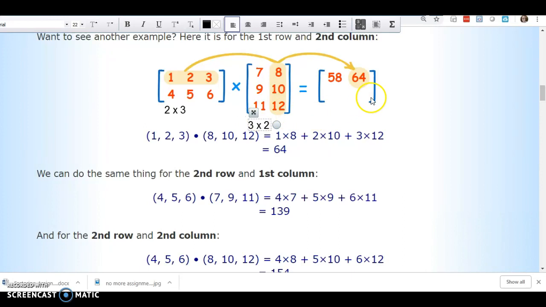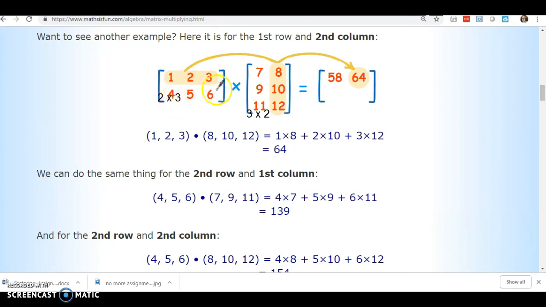What's going to happen every single time, which is kind of neat, is that the middle pieces cancel each other out, the 3's. And so the dimensions of your new matrix will always be the first and the last. So if I do a 2 by 3 and a 3 by 2, I'm going to get a 2 by 2.